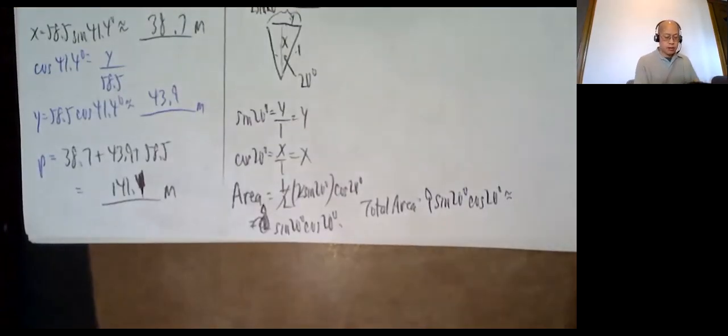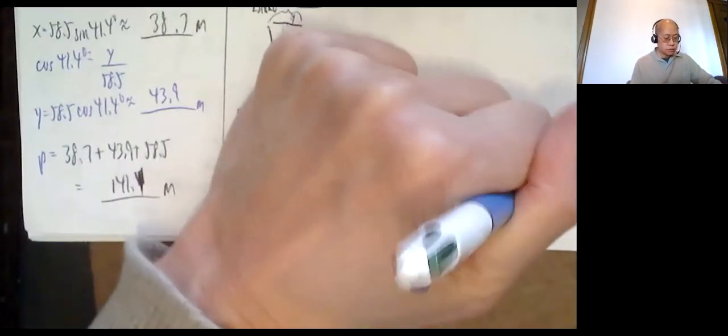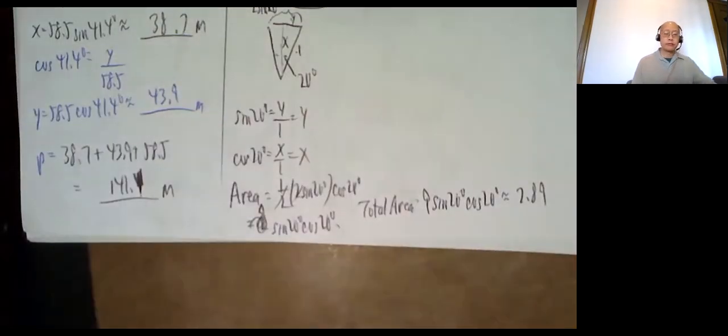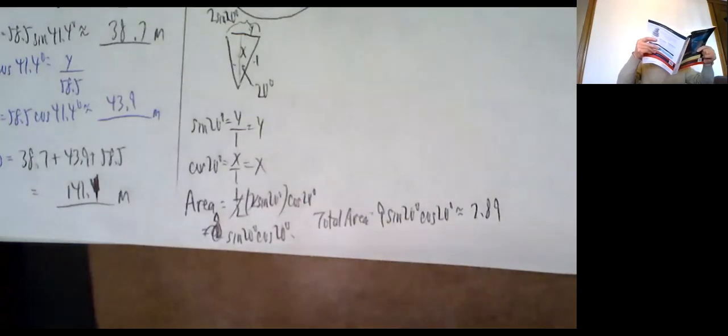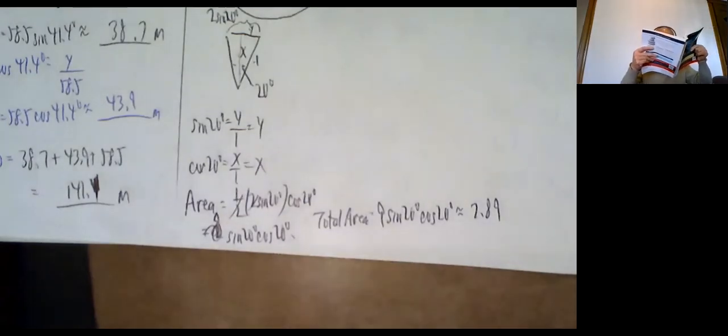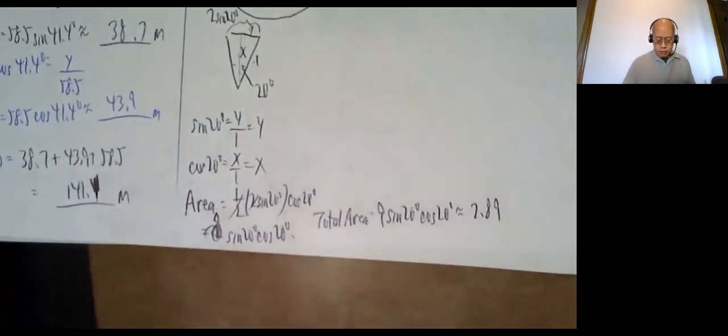In this particular case, 2.89. And they don't give any other units, so we'll just leave it like that, 2.89. Okay, so that's how to do that type of problem.